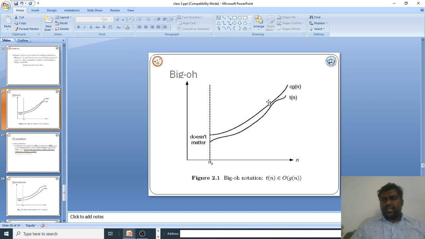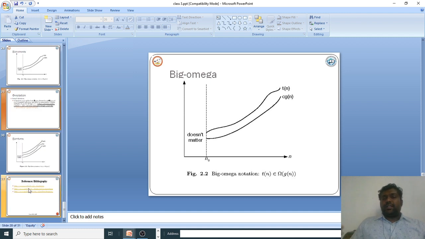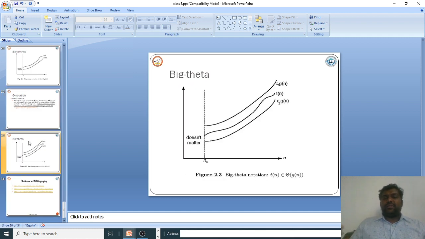For this, there is an O of g of n, that is, you have given an upper bound. Whereas in terms of omega, you give the lower bound, since it is used for the best case. Next, for theta, the function comes somewhere in between, where you give both the upper bound and the lower bound.